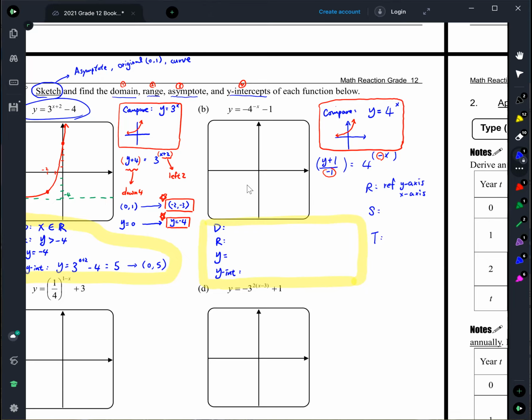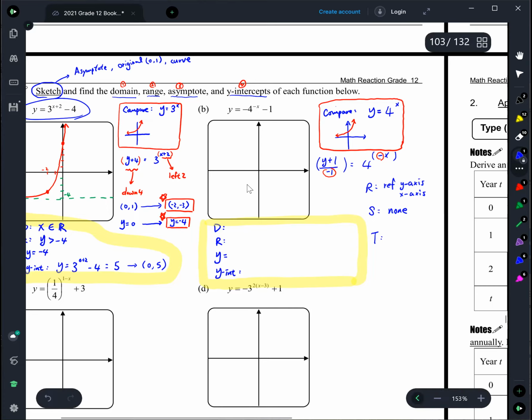Here, there's no stretching or shrinking, no expanding or compressing. This is none. Usually questions like these don't get too difficult. You just need to know how to identify reflection and translation. Okay, what's the translation here? Evan, what do you think the translation is?